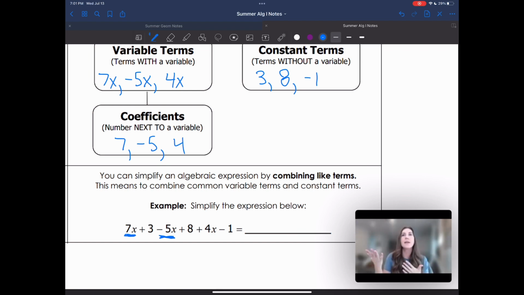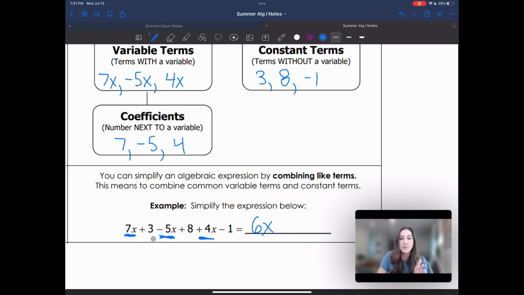So think, what's 7x minus 5x? Well, that's 2x. And then we have 2x plus 4x right here to give me a total of 6x, and that is how we combine like terms. And then the other ones are just regular numbers that you're going to either add or subtract, depending on what their sign is.